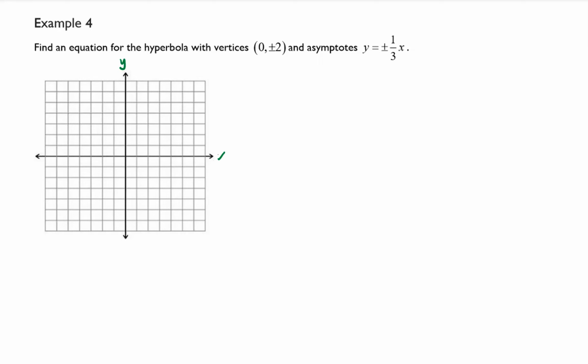So here is my y-axis, here is my x-axis, and then my vertices are located at (0, 2) and (0, -2). Now, I also want to graph the asymptotes, so we know that one of them is y equals 1/3 x, which we can write as y equals 1/3 x plus 0, so it goes through the origin.